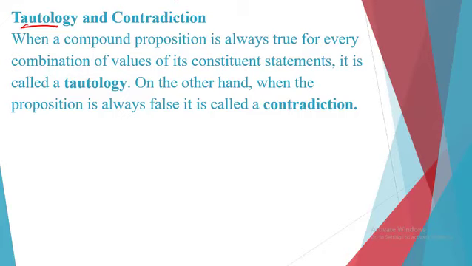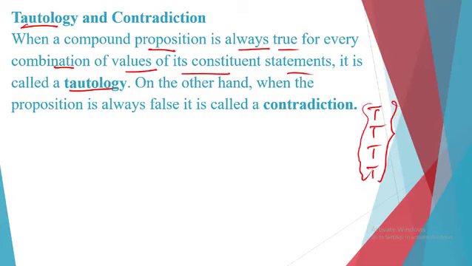When a compound proposition is always true for every combination of values of its constituent statements, then it is called tautology. When the values are always T and T, then we say that tautology has taken place.